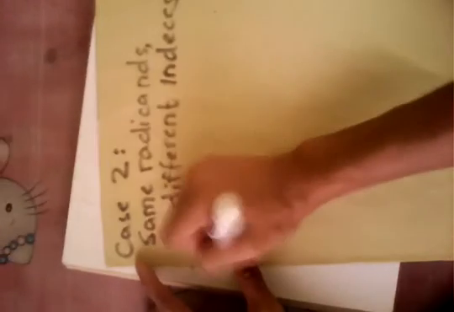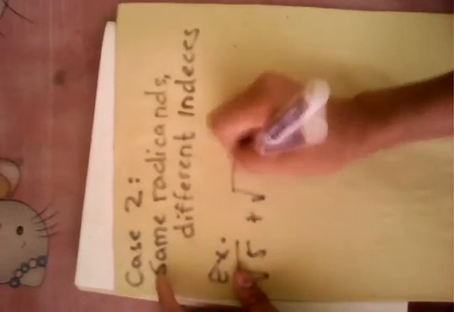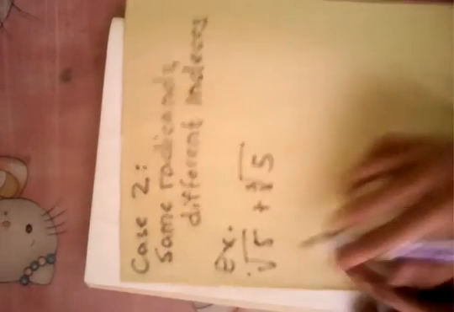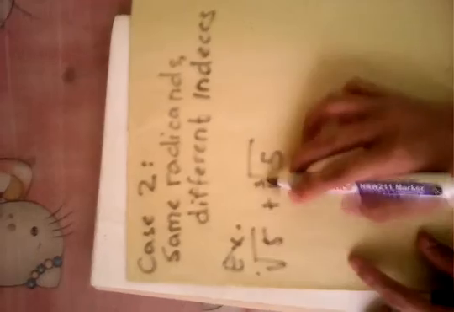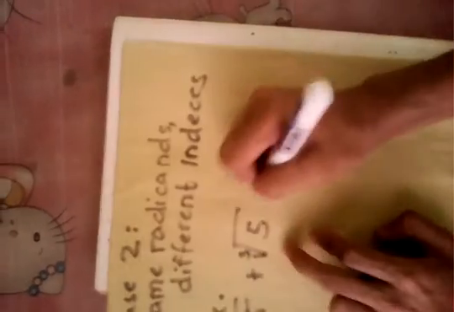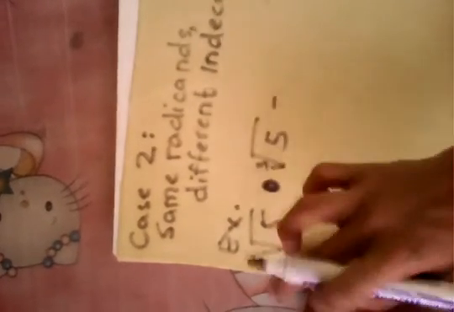So for example, we have square root of 5 times the cube root of 5. So here we have same radicands but different indexes. So how will we multiply when we have different indexes but the same radicands?